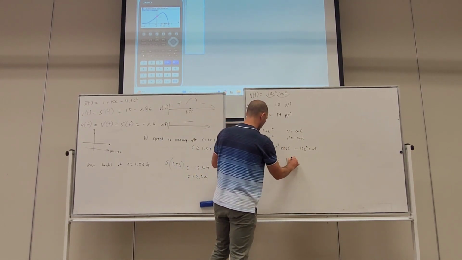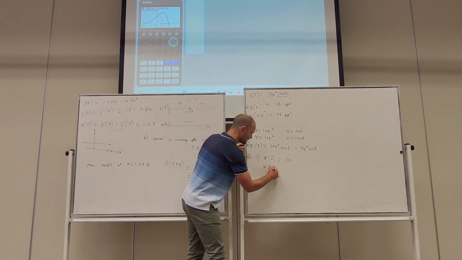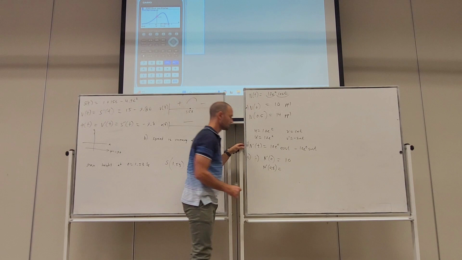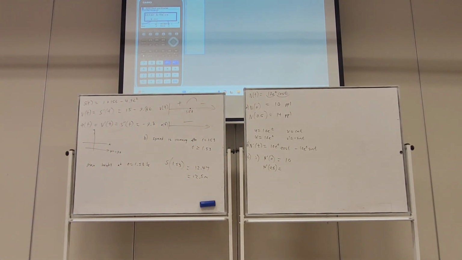We've got 10, and then we want n dash of, again, after 12 hours, that's half a day. So when time is 0.5, and I've got the dy on dx, the rate of change is 6.56.